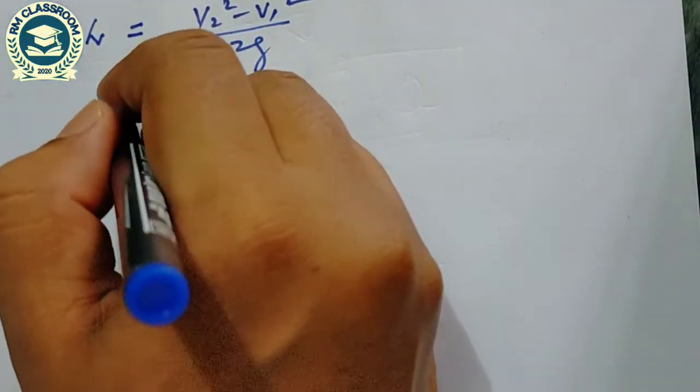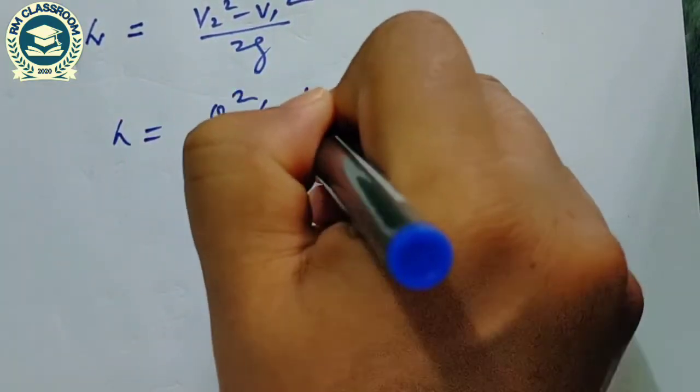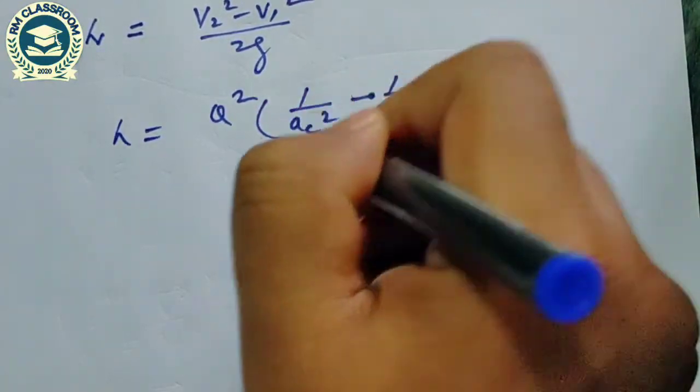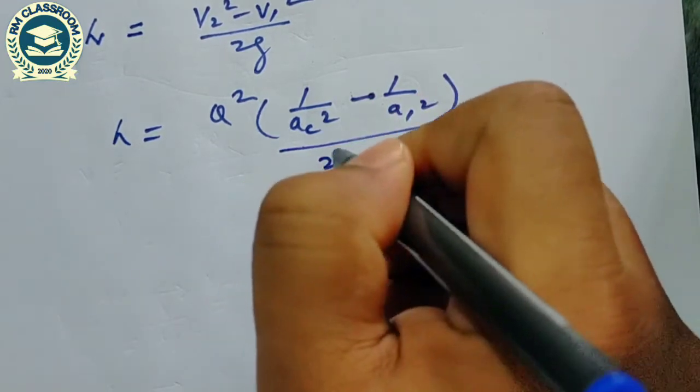Or we can write H is equal to Q square times 1 by AC square minus 1 by A1 square, divided by 2G.